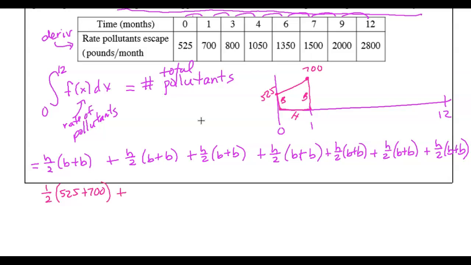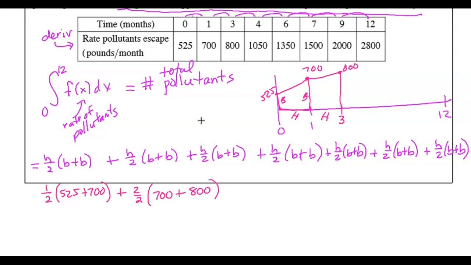That's fine. And then my next one I've got right here. So 3 is at 800. So my height is 2. Base at 700 plus that. And because my heights of each trapezoid are different, I can't just double that 700 anymore.